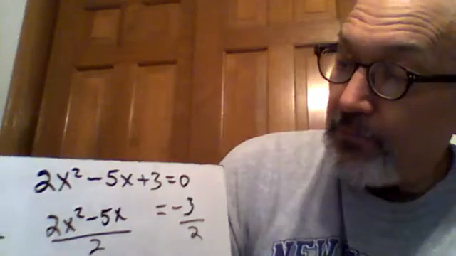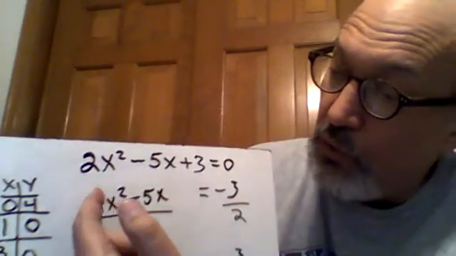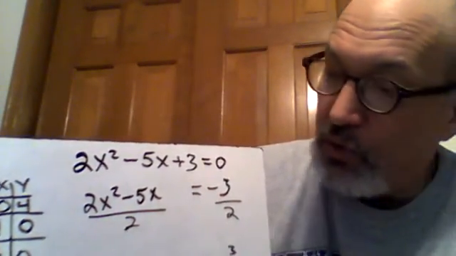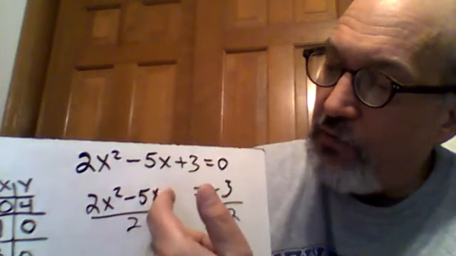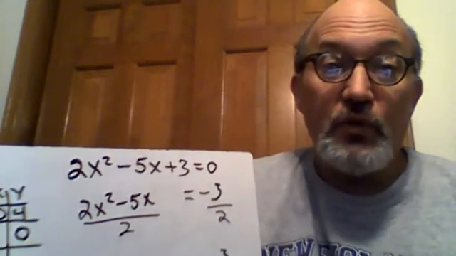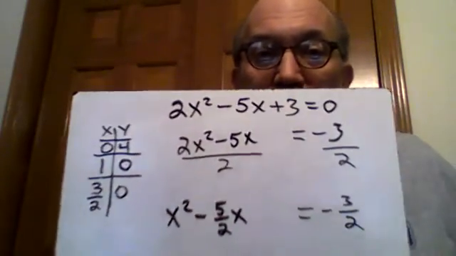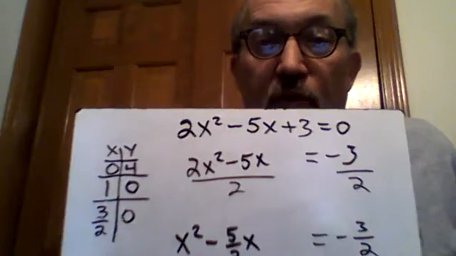And to divide on the left side by 2, of course, 2x squared divided by 2 is x squared, which is what we want. And -5x divided by 2 will simply be represented as -5 over 2x. So now we have x squared minus 5/2 x equals -3/2.